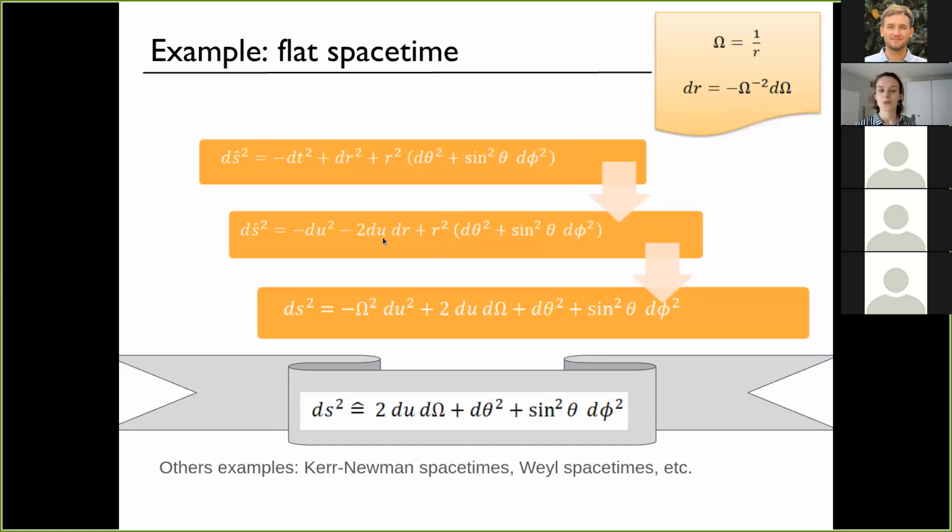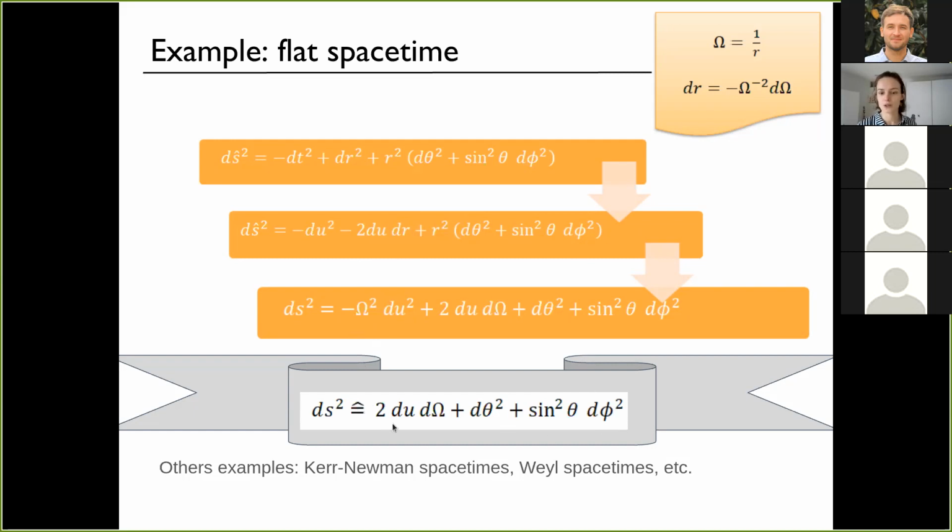So we say, okay, that's not so great, but because we are interested in going to infinity, we do that trick of the conformal completion. We multiply this metric by omega squared. Here the omega squared cancels with the omega to the power -2, and the omega squared cancels with the r squared, and we end up with this metric, which on scri, where omega is 0, is just simply this.